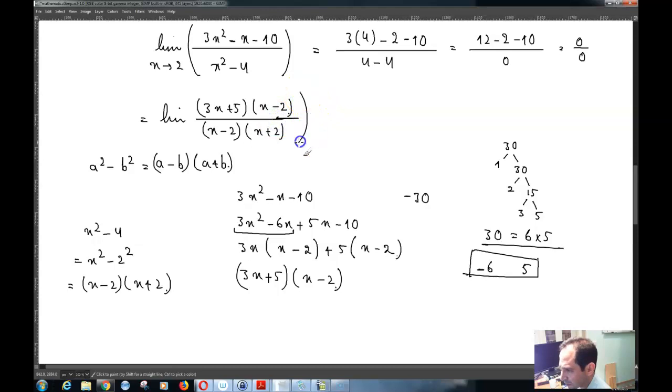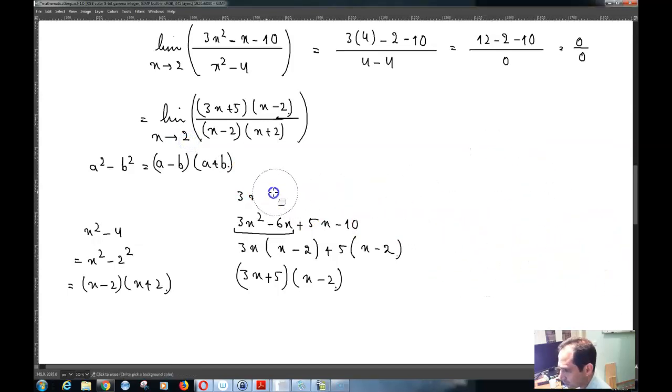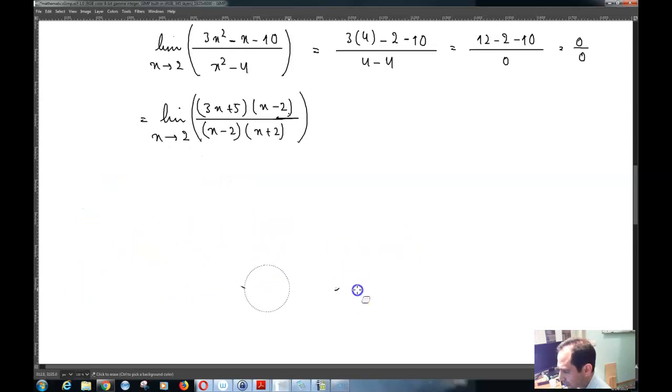And now when x tends to 2, I can cancel these two factors out from the numerator and the denominator, since x is not equal to 2.